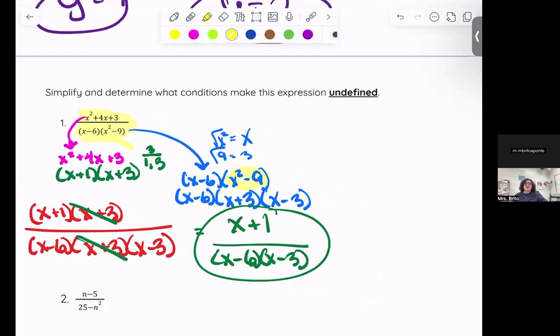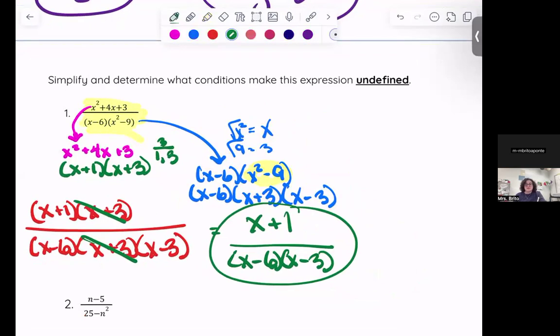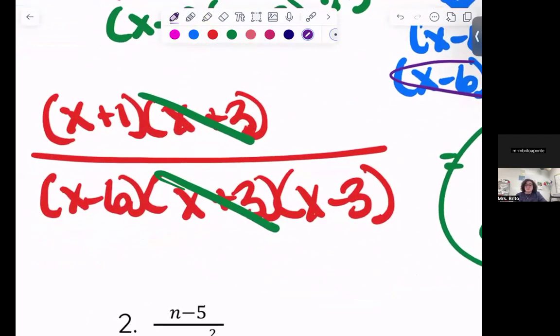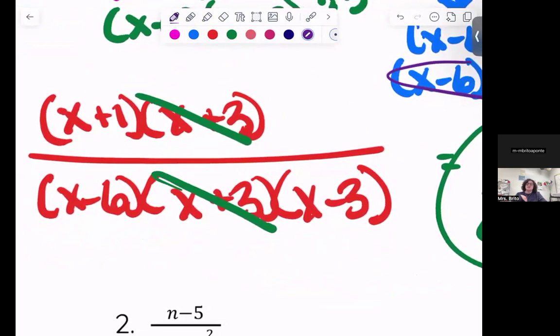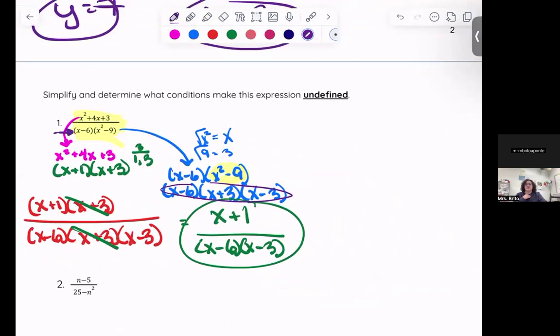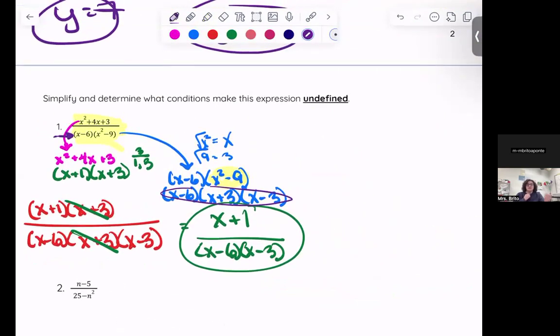But I can't forget about what makes that expression undefined. Remember I said that it has to do with the original denominator. So I want to think about these 3 terms at where it's undefined. I did cross one out. That's true. One was canceled. But in the original expression, those three things in parentheses are in my denominator.